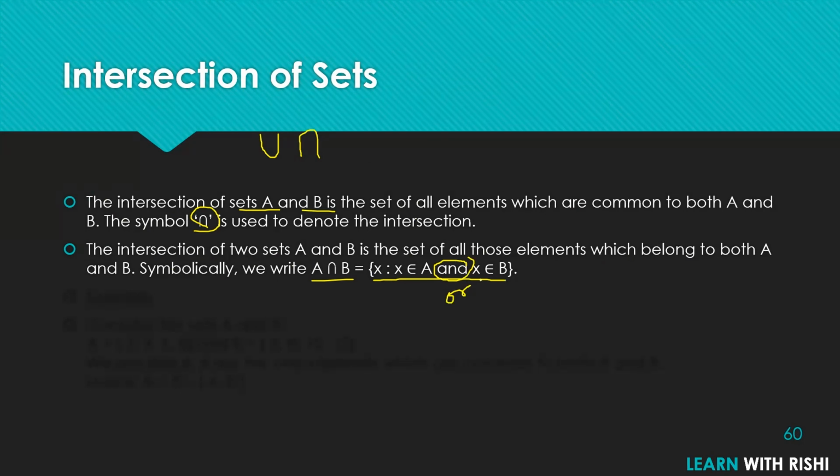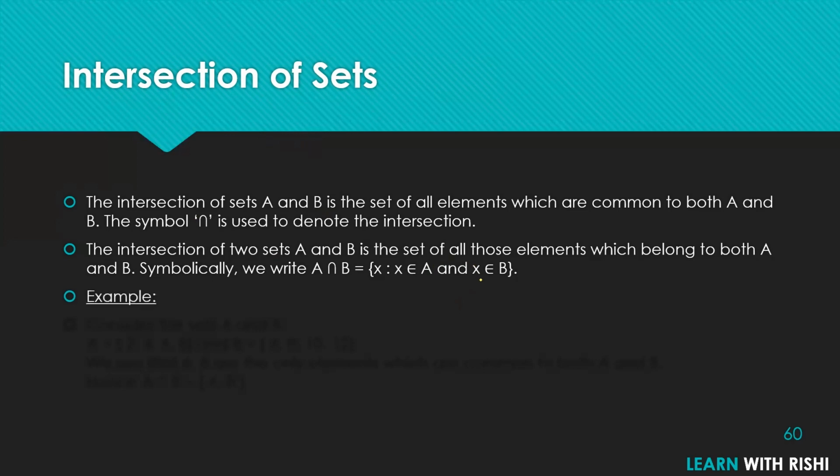AND means those elements which are in A and also in B. And union means all the elements which are in A and all the elements which are in B, and the common elements we take once. In intersection, we are going to take only the common elements. The rest of the elements we are not going to take.